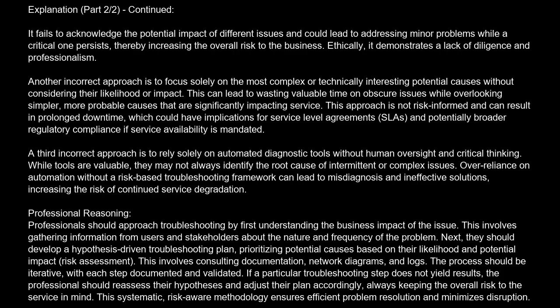The process should be iterative, with each step documented and validated. If a particular troubleshooting step does not yield results, the professional should reassess their hypotheses and adjust their plan accordingly, always keeping the overall risk to the service in mind. This systematic, risk-aware methodology ensures efficient problem resolution and minimizes disruption.